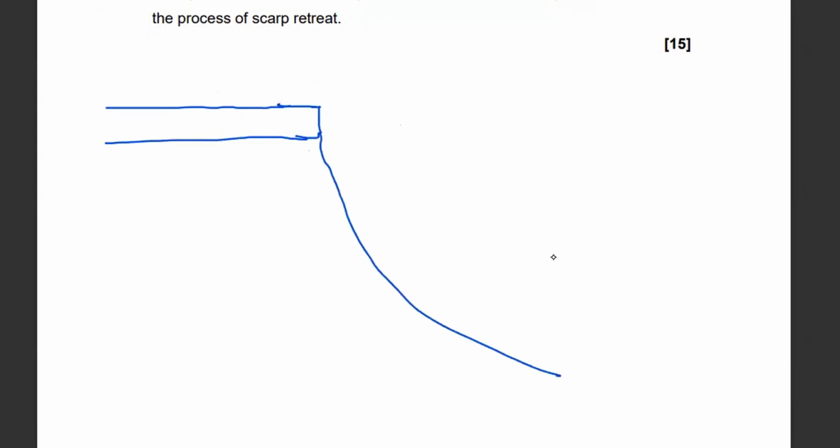Like what I've been mentioning there, I'll make an illustration. Scarp retreat happens like this. We have a wider landform with a rock cap and it goes down. With the scarp retreat, we are saying the cape rock is going to be weathered and eroded. Let's say it has been weathered until this point.